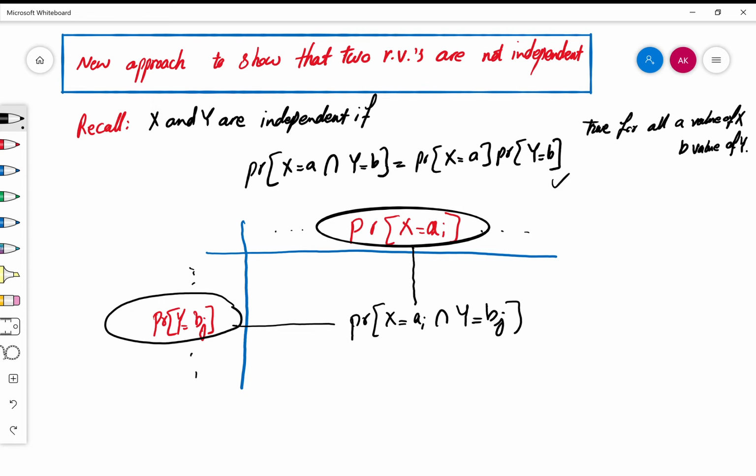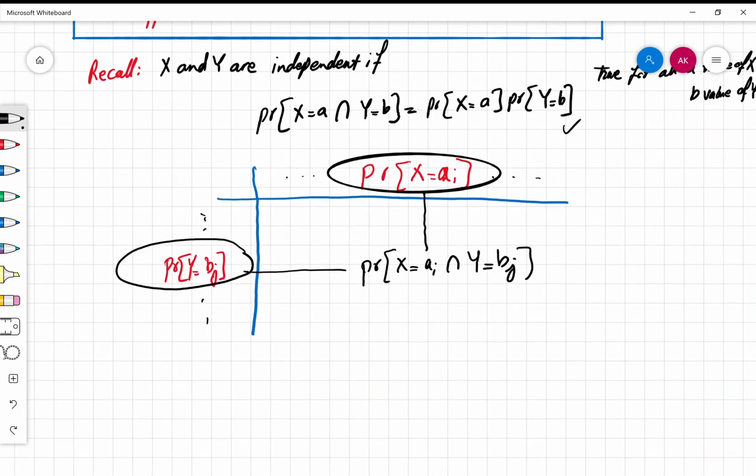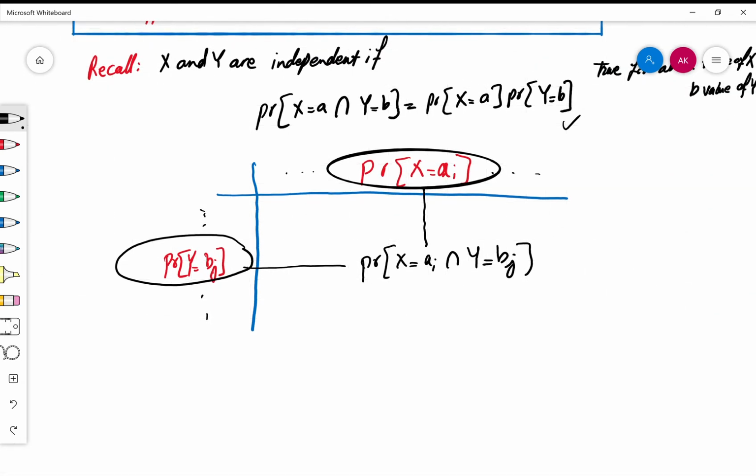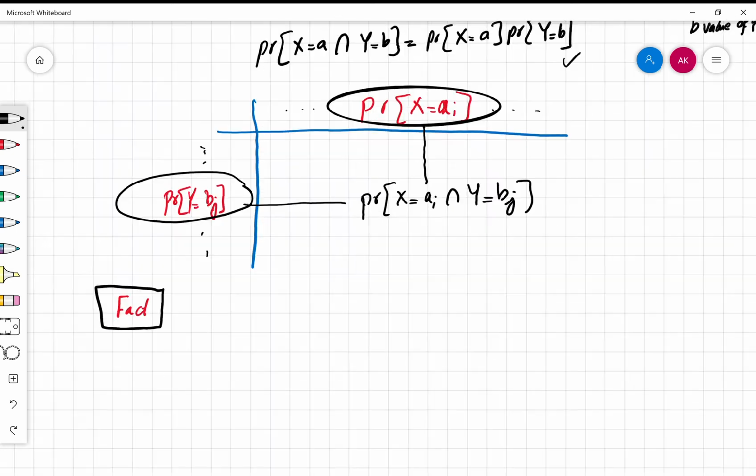We're basically checking that. But in those examples, we saw that this takes a lot of time. Here now we want to use the fact we just learned to do it a little bit quicker, maybe in some cases. What is that fact?